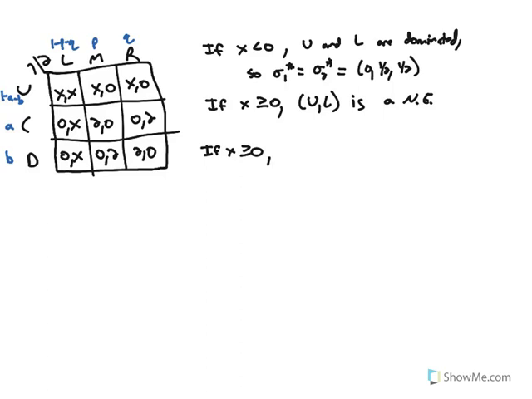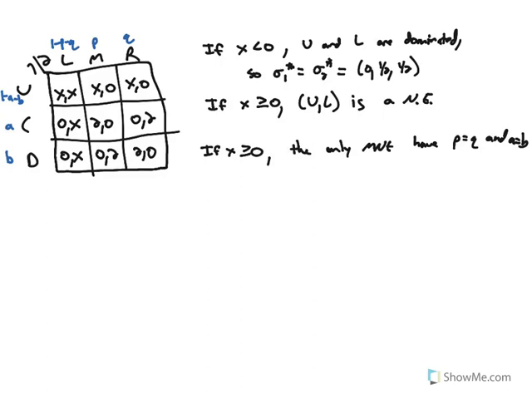All right. So if x is greater than or equal to 0, the next thing to notice is that only mixed strategies have p equal to q and a equal to b. Meaning the probability that player 2 plays M and R have to be the same. p has to equal q.